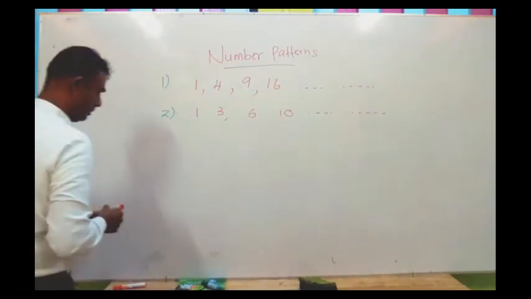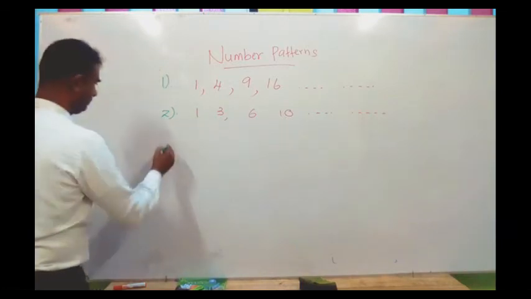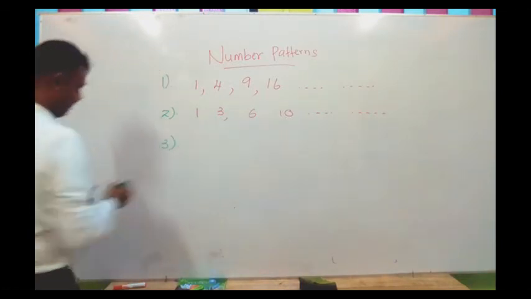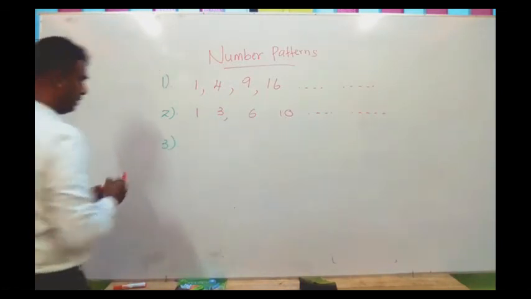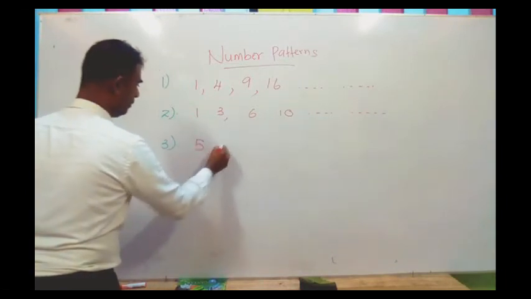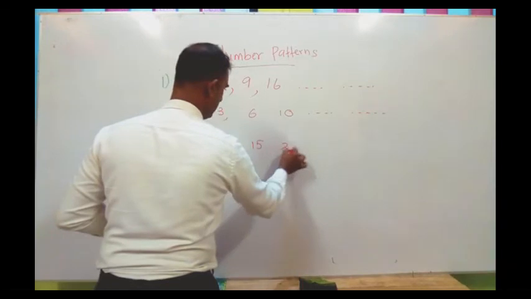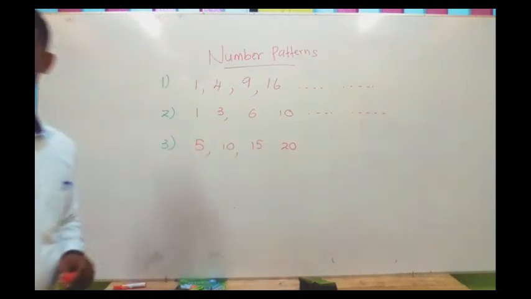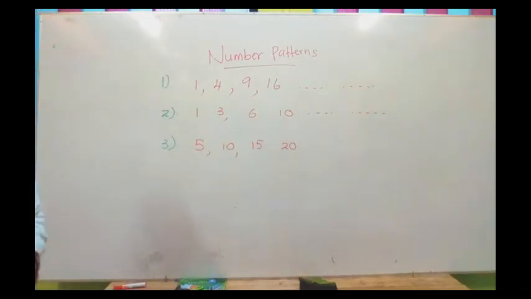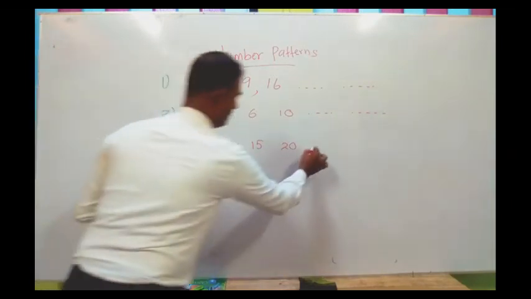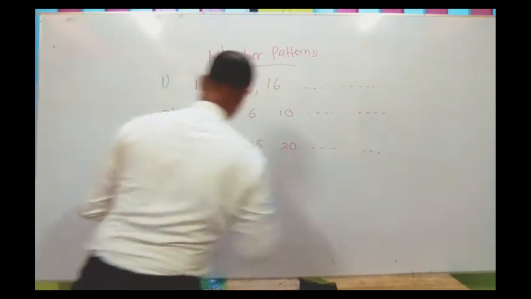Next one, the third one. I write a number pattern again: 5, 10, 15, 12. Next, another number pattern. You want to find these 2 blanks.